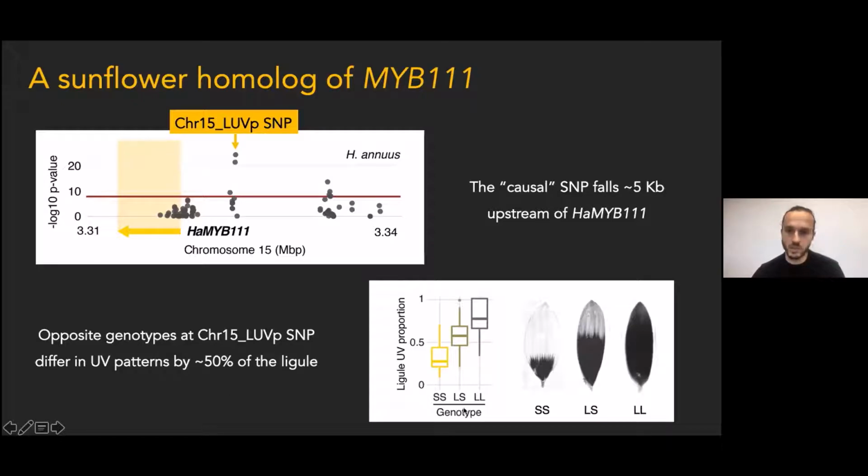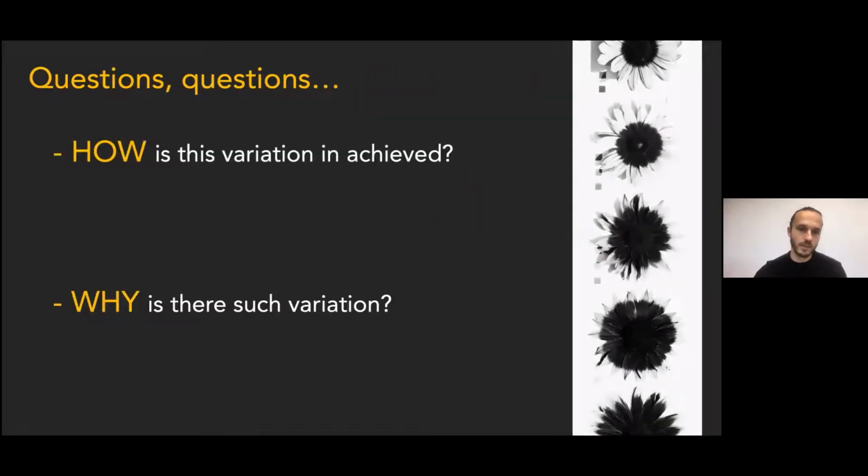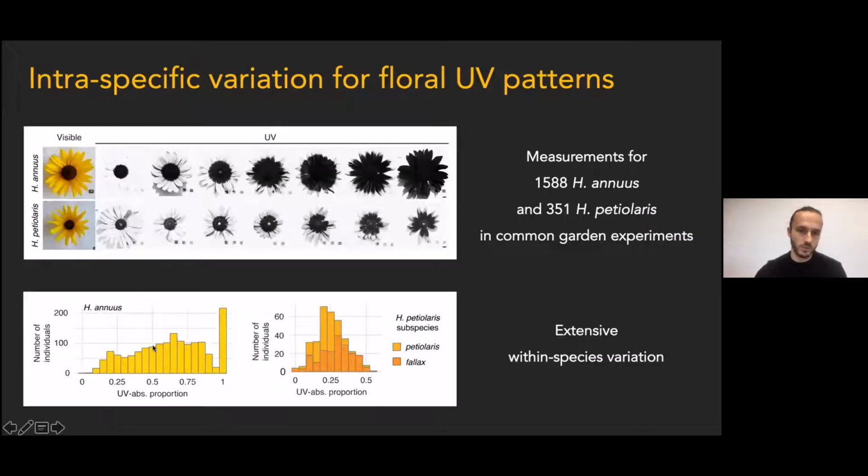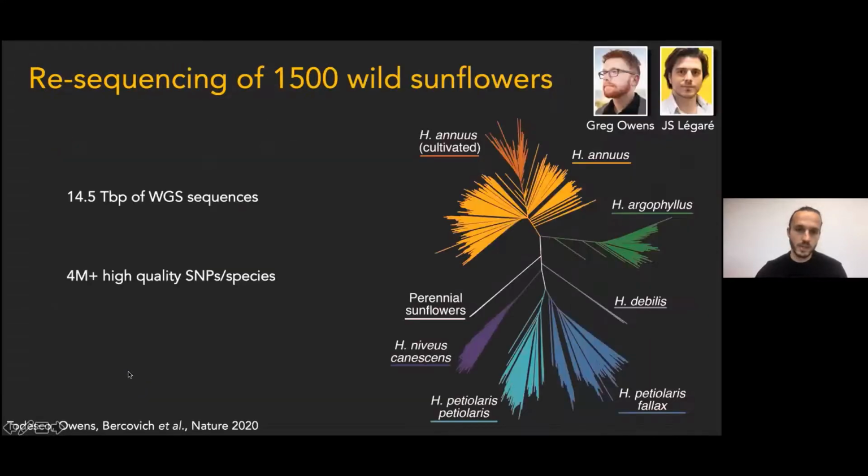Plants that are homozygous for the large allele have about 3/4 of the petal that is UV absorbent. And heterozygous plants have an intermediate phenotype. This very additive phenotype explains quite nicely the trimodal distribution of variation that we have for UV patterns in annuus.